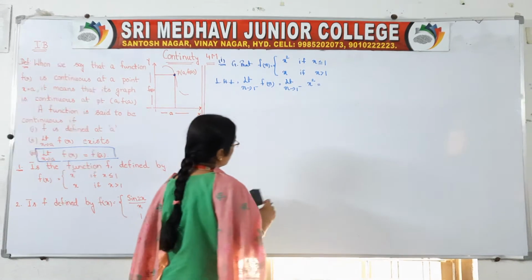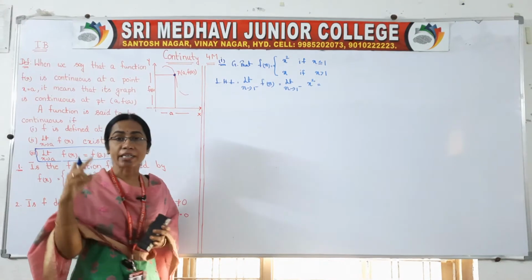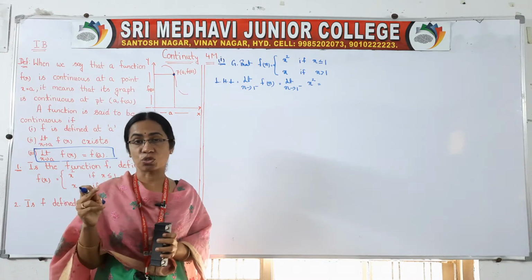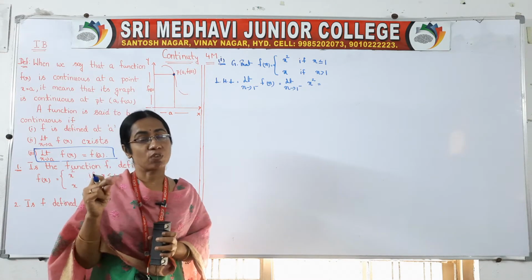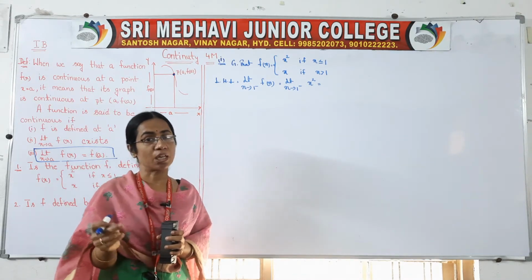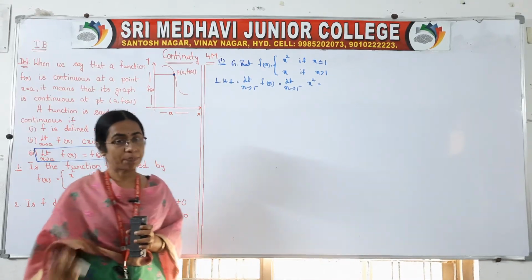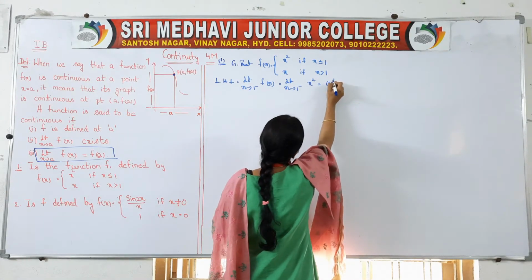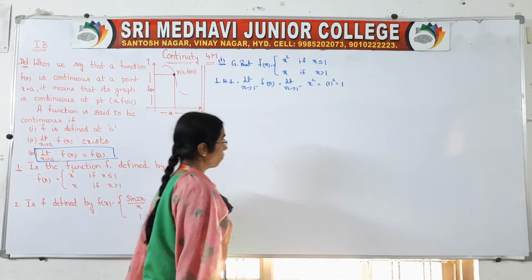Now you substitute your x value. Already in limits, while finding the left hand limit and right hand limit, I said to you that 1 minus means 1 minus a very minute value which can be negligible. So its value is 1 only. While substituting the limit, we will take 1 only. 1 square is equal to 1.